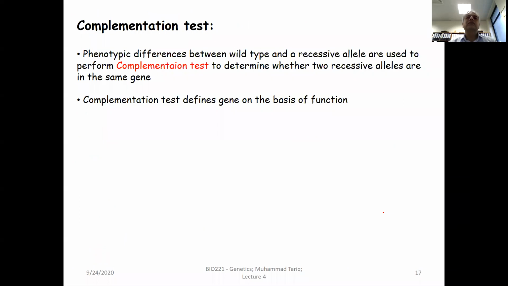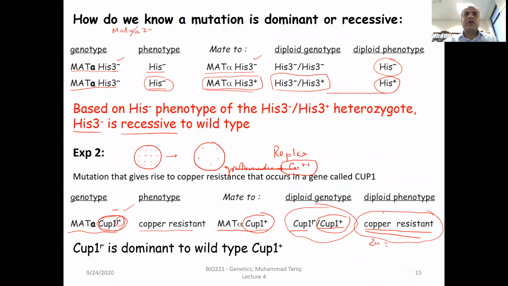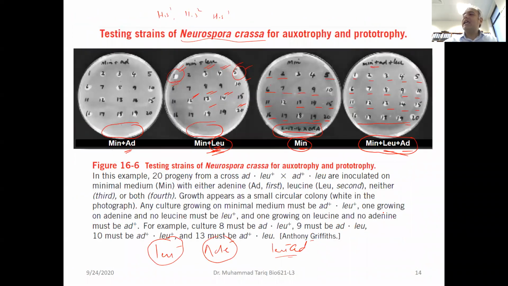Yes, sir. So are you saying that gene X has two types of mutations, in one there is a loss of activity and in another there is an increase in activity? Good question. So let's say here we are dealing with an organism, and all of them are mutants.